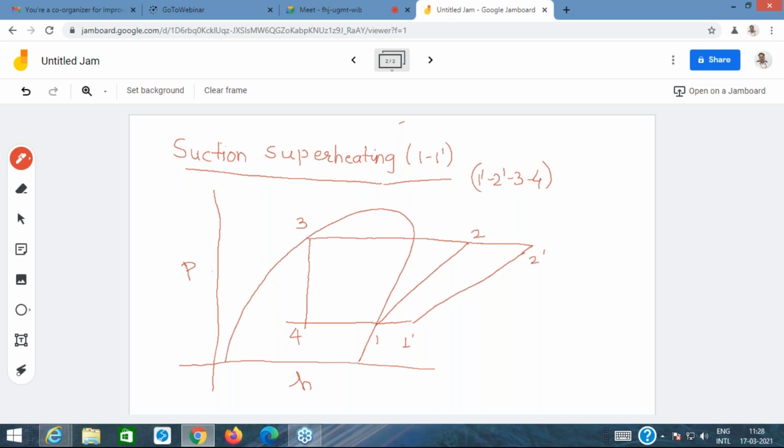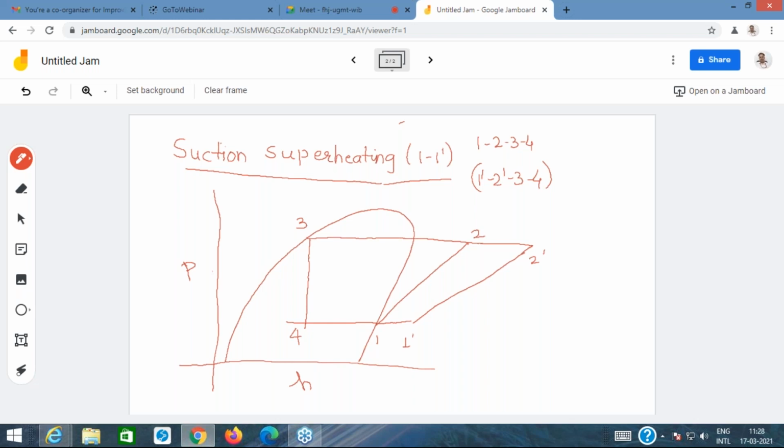If you compare the cycle 1 dash, 2 dash, 3, 4 with 1, 2, 3 and 4, we would understand that these two cycles would signify some variations. And what are they?